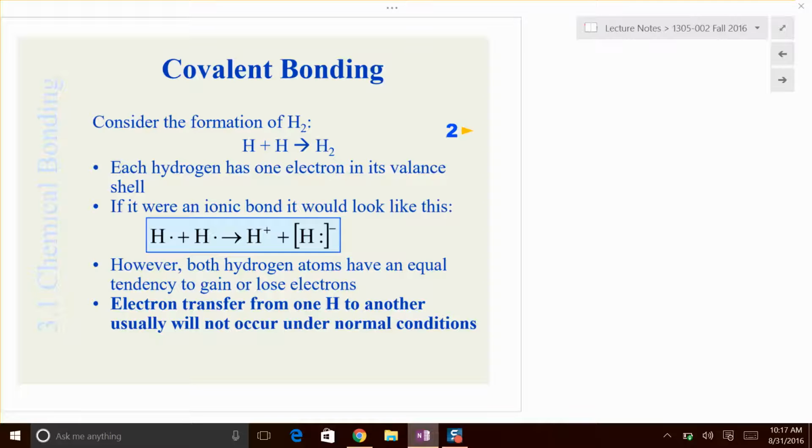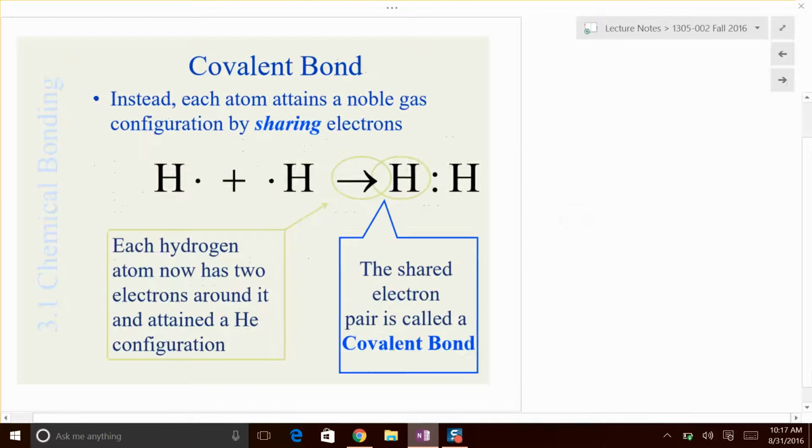But which hydrogen is going to lose and which one would gain? Neither one, because they both have the exact same affinity for electrons. Neither one's going to gain or lose because they have the same attraction. They're having a tug of war against themselves for electrons. Neither one will win. So instead of losing one and gaining one, like ionic bonds would do, they share the electrons. Okay? And that's what we call a covalent bond.